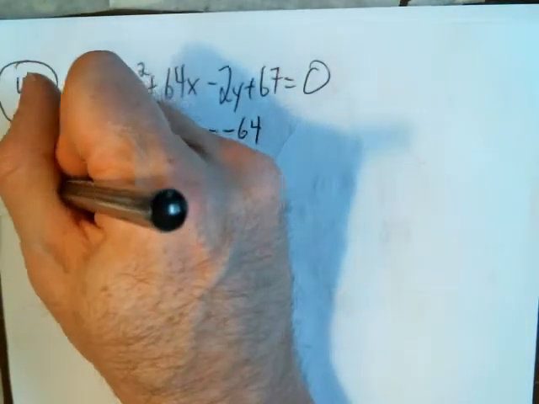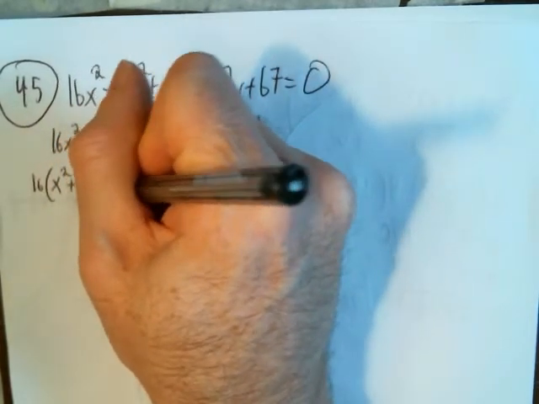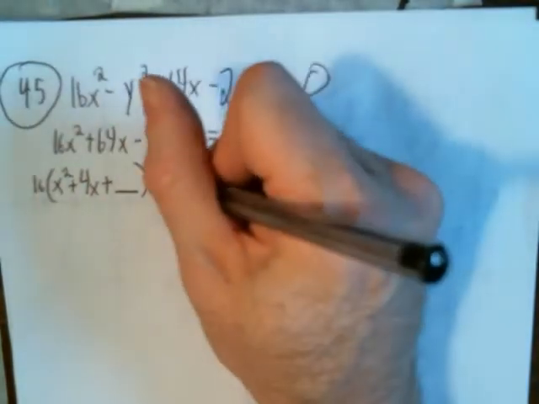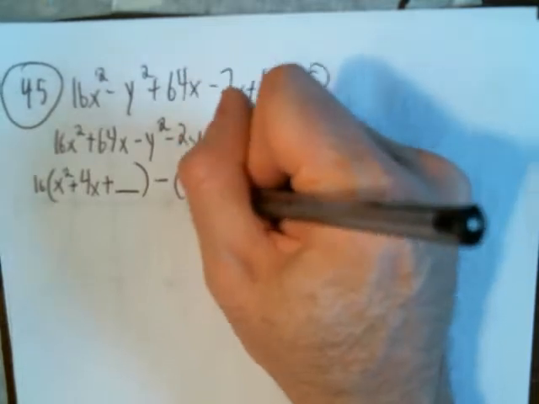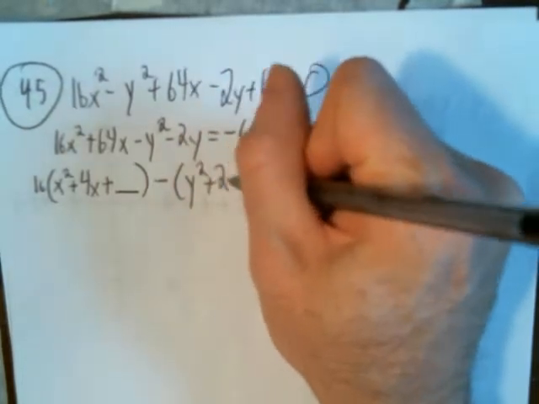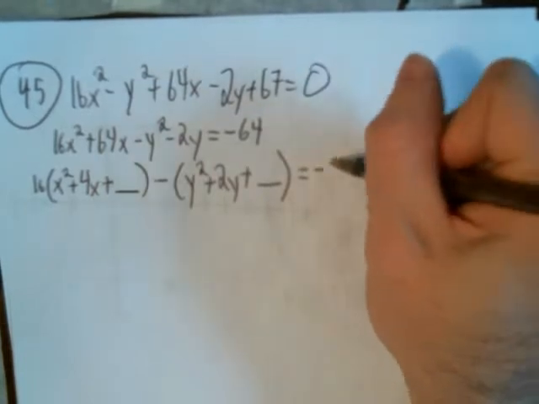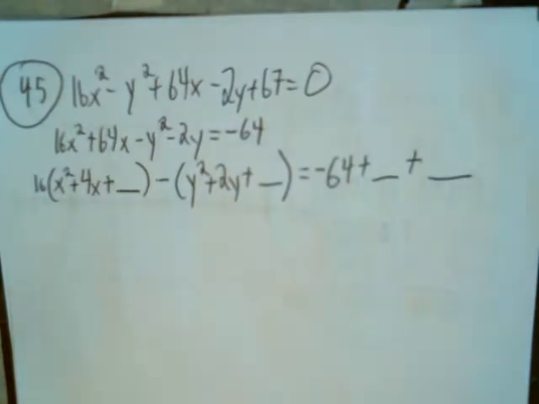Now I want to factor out 16 and leave some room to complete the square. And here I'll factor out a negative. Leave some room to complete the square. On the other side, negative 64 plus something plus something.